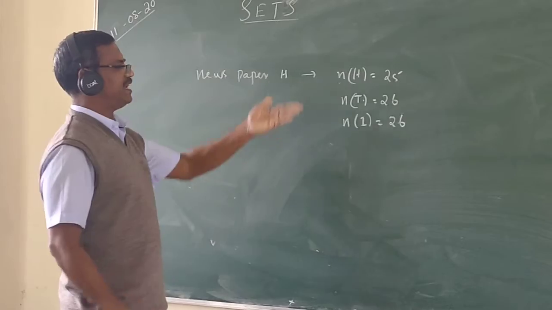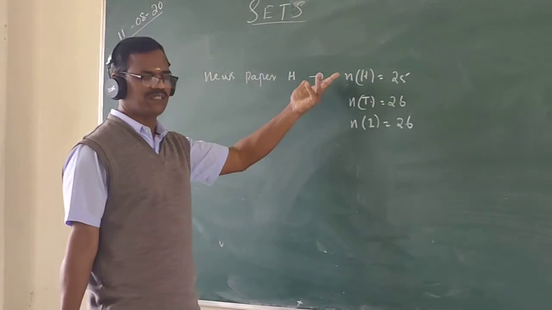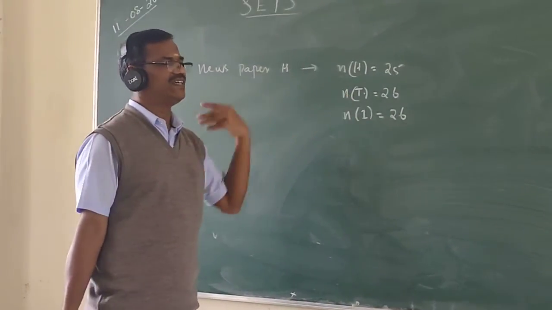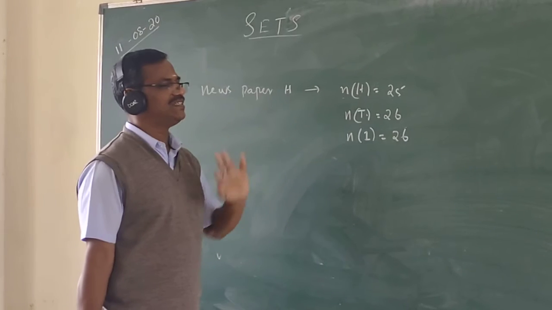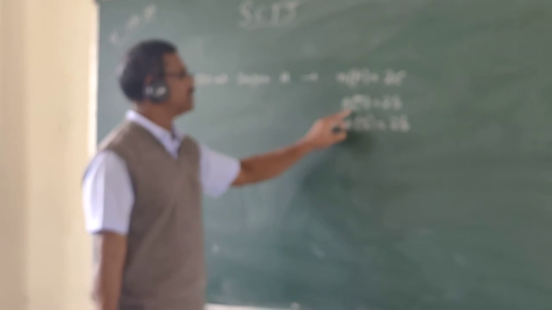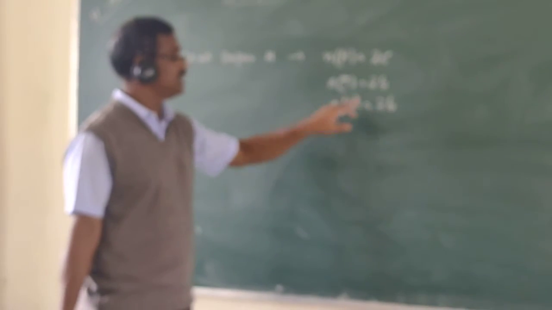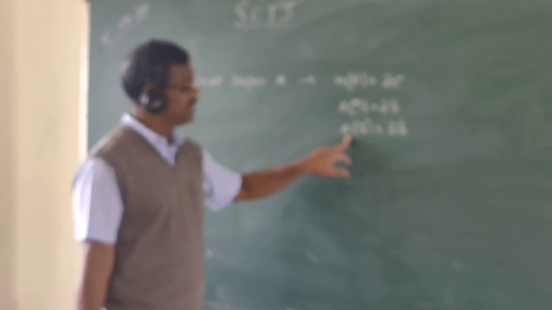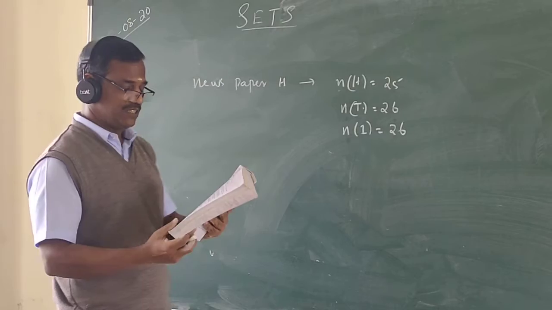So we can call H the Hindu, T the Times, and I the Indian Express. The number of people who read Hindu is 25, Times 26, and Indian Express 26. This is the data given.